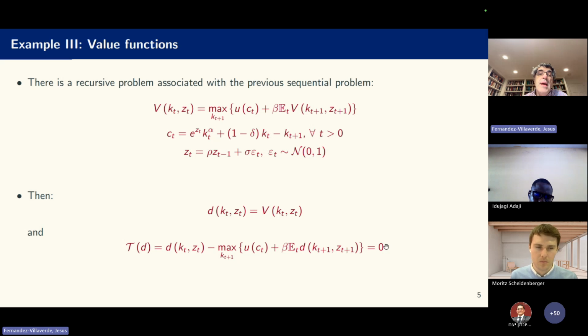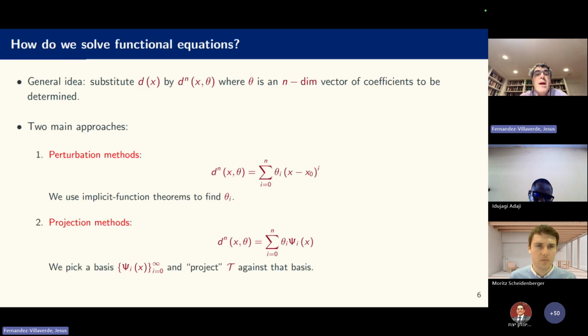Very good. The reason why we have spent that much effort into setting up the problem with this formalism is that we can start thinking about how to solve functional equations using everything we know from applied math.